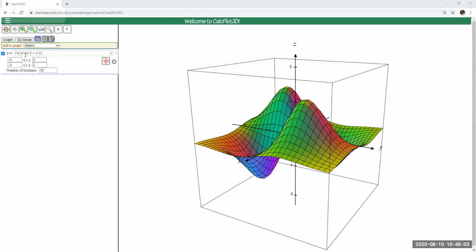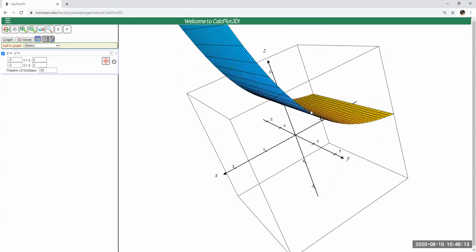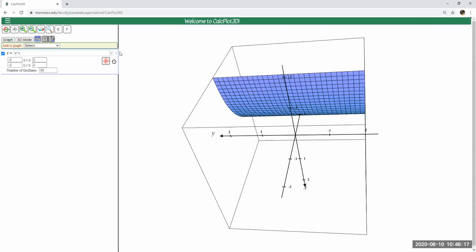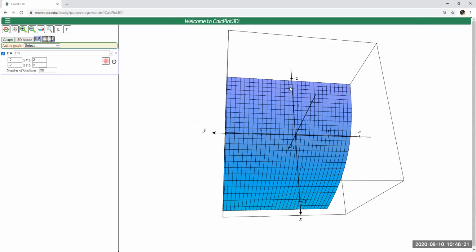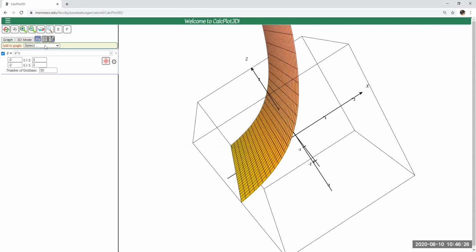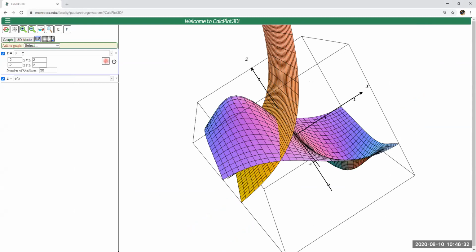Okay, so here our function z is e to the x, which looks like this, right? And then we have another one, which is z equal to 0.